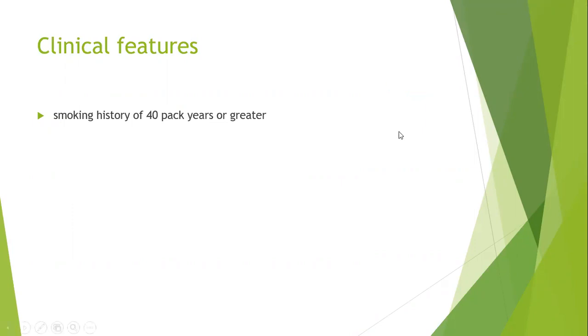So the clinical features. In your previous editions of Robbins, they described the clinical features of chronic bronchitis separately and the clinical features of emphysema separately. But here they have clubbed them together, basically because chronic bronchitis and emphysema are not actually distinct entities. In most patients, both happen in smokers and both happen due to environmental pollution.